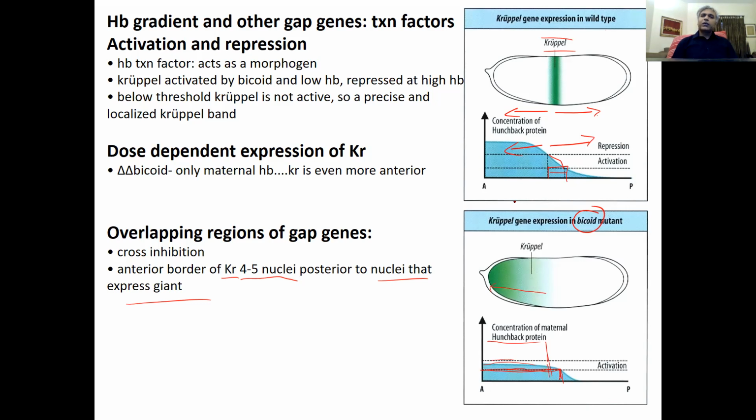And these borders rely on tight concentration gradients and thresholds. If you increase slightly beyond this threshold, you are moving this maybe 2 nuclei to this side, and the whole developmental plan will be messed up.